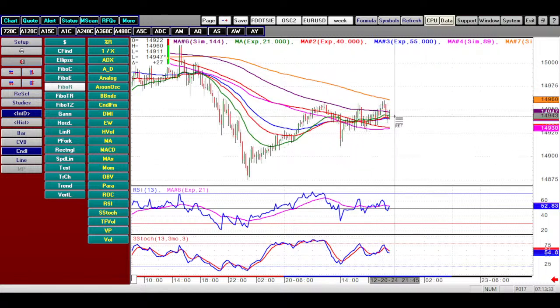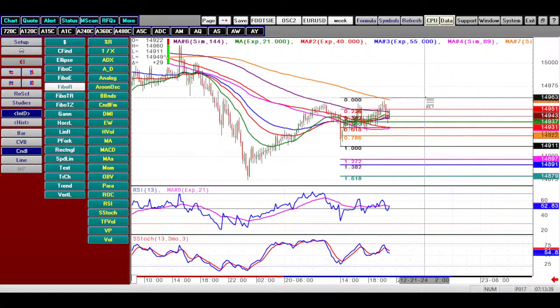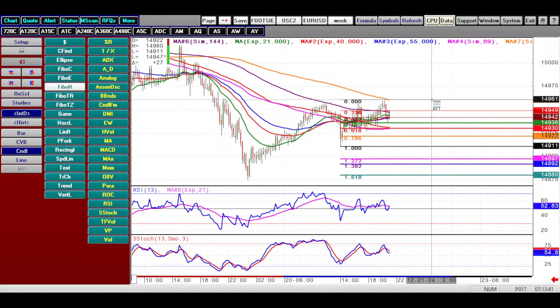And if the data comes out good, then we expect the market to break lower, and this low has to break, then we should see the price heading towards 149.